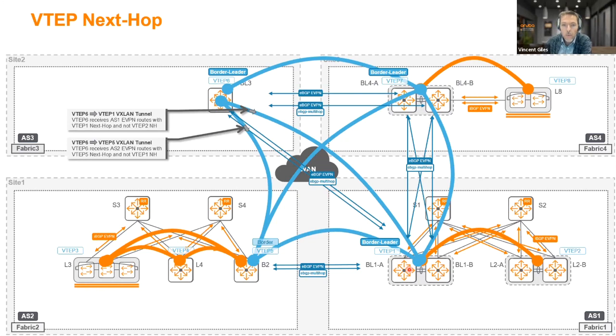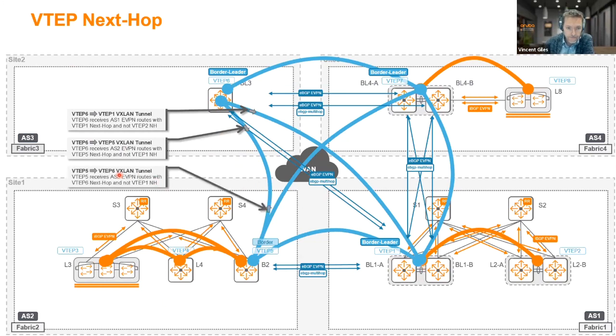So naturally, through the nominal mechanism of external BGP, the routes learned on Fabric 3 would be with the next hop being VTEP 1. So we need a kind of rewriting of the next hop in order to make sure that it does not happen, and that we have the tunnel from VTEP 6 to Fabric 2 that will end up at the right border, which is VTEP 5, and not at VTEP 1.